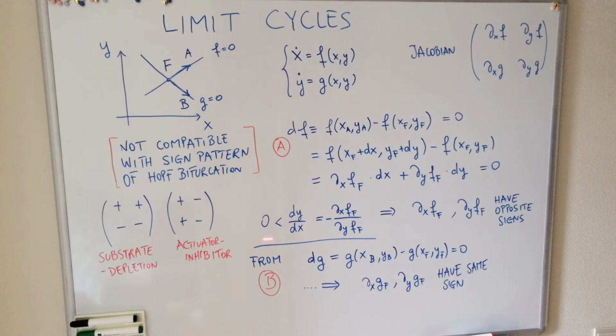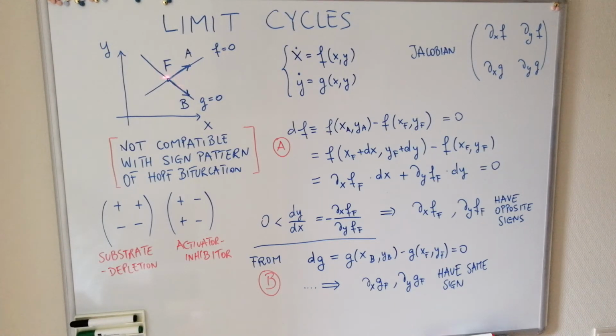So it means that if we look at our Jacobian, we concluded these two must have opposite sign, these two must have the same sign, and these two conditions combined are not compatible either with substrate depletion or activator inhibitor. So we conclude that in no case this type of intersection can give rise to Hopf bifurcation.